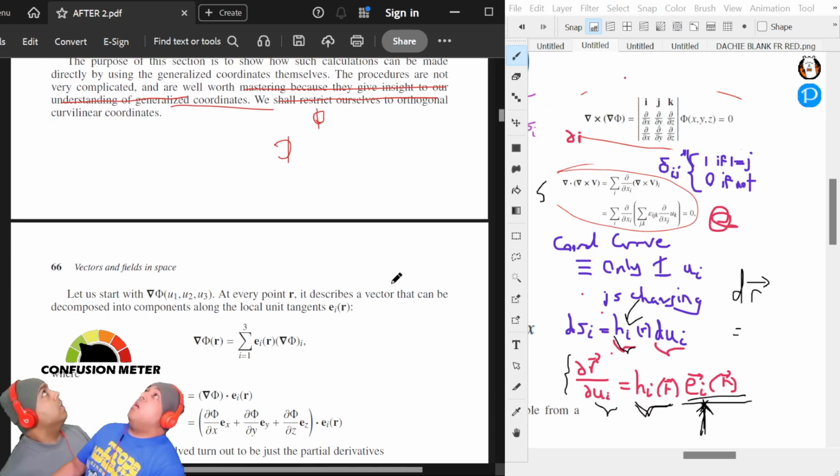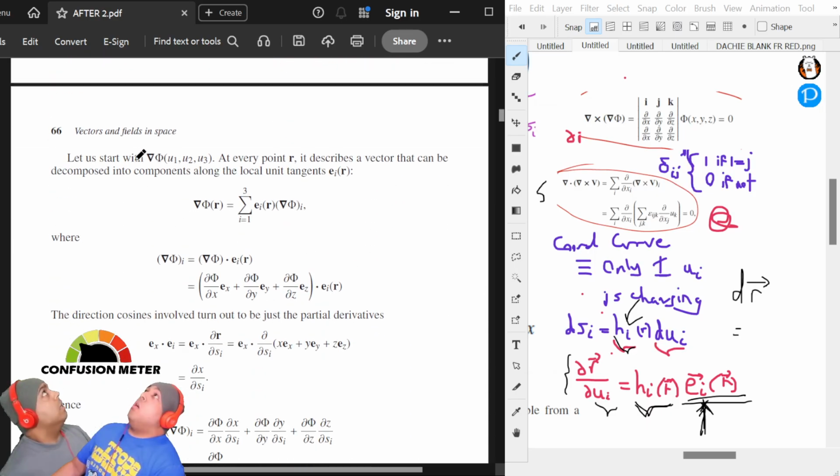That implies there are other systems. Let us start with the gradient function of a scalar field.